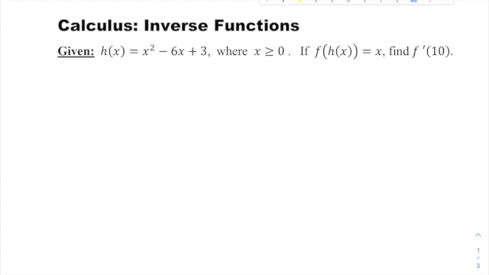So one thing right off the bat that you may be a little rusty with is that this composition property, the fact that f of h of x is equal to x, means they are inverse functions. And think about inverse functions like squaring and the square root of x leaves you with just x, or the natural log of e to the x equals x.